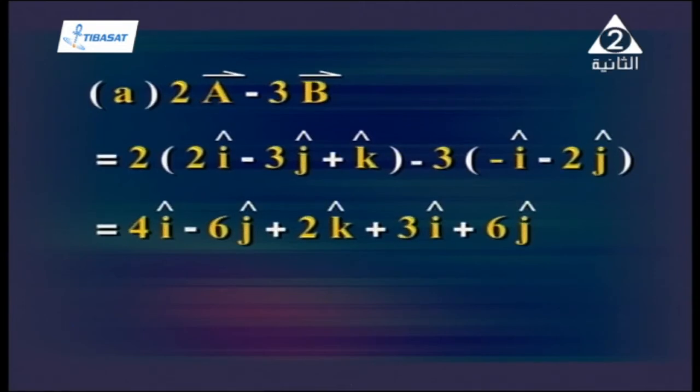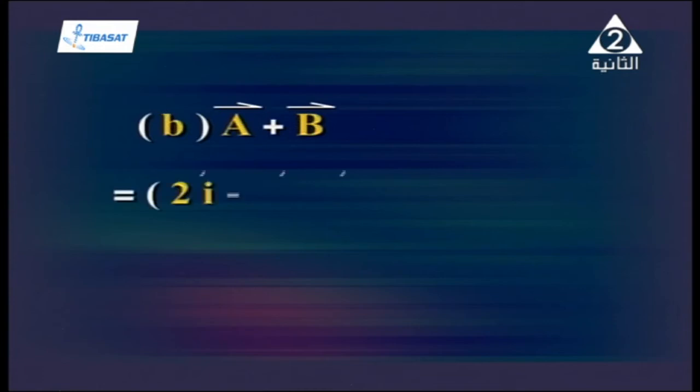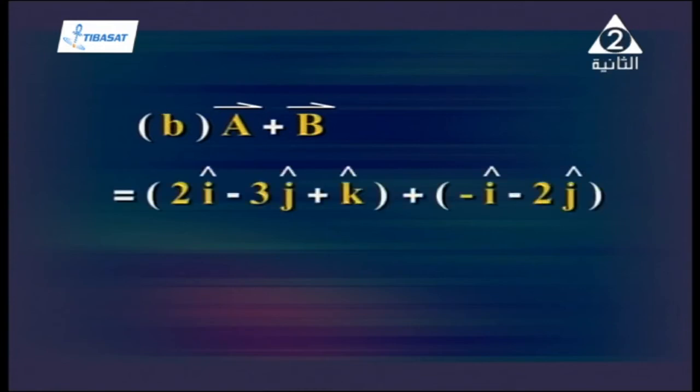We have like terms: 4i plus 3i is 7i, and 2k. A plus B vector: we find A plus B vector by 2i minus 3j plus k minus i minus 2j. The answer is i minus 5j plus k.